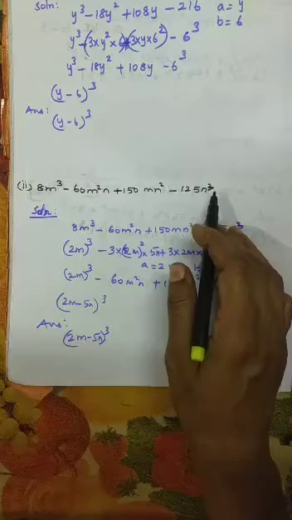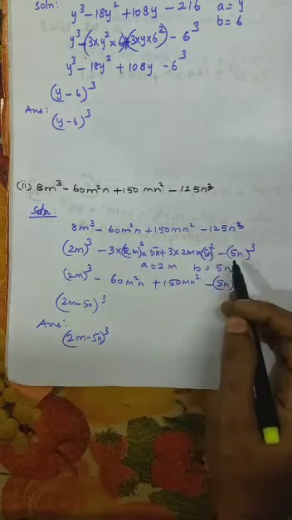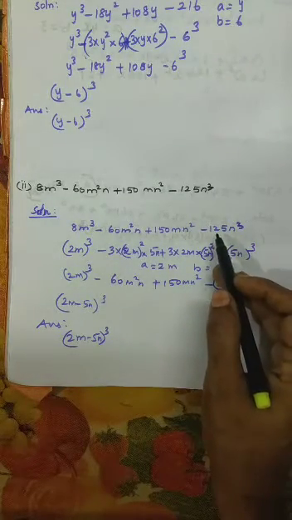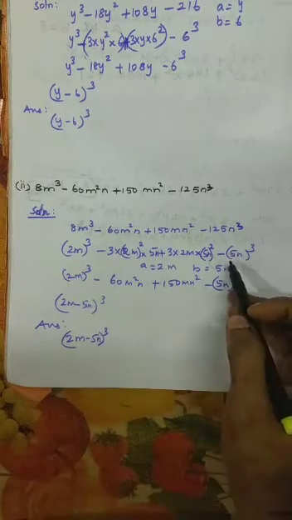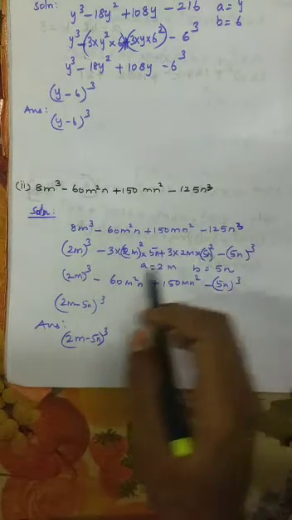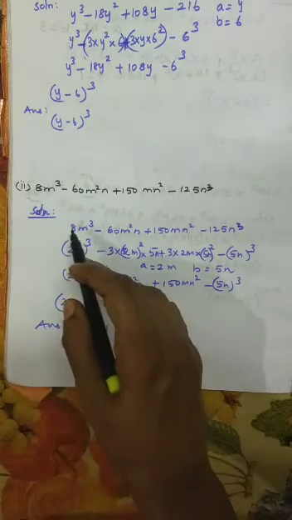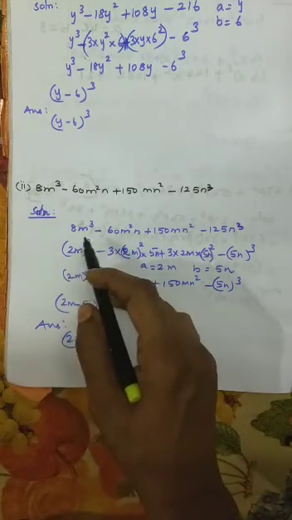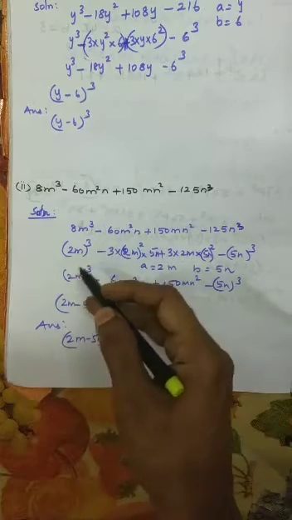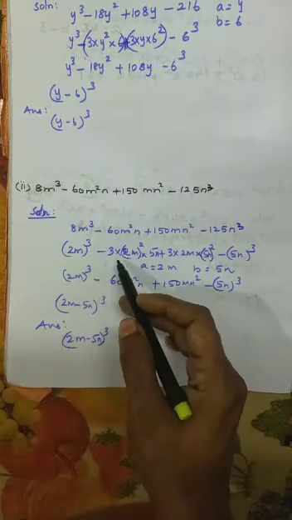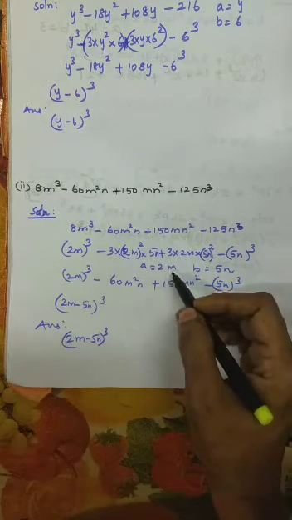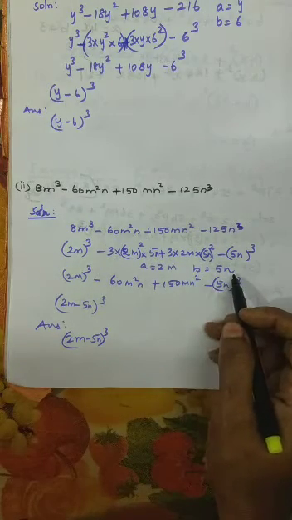See the first term and last term. 125 means 5 cube. Isn't it? 5 cube n cube. You can write this as 5n the whole cube. So 2m, 8m cube means 2m the whole cube. 2 2s are 4, 4 2s are 8. So 2m the whole cube minus 3 into, here a is 2m and b is 5n.